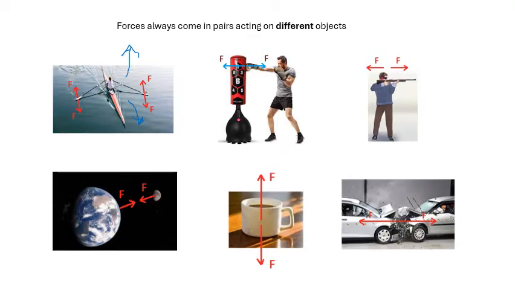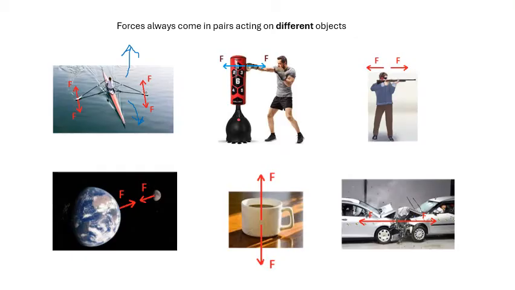So two different objects, equal and opposite forces. Forces always come in pairs. Somebody firing a rifle, there's a force acting on the bullet, pushing it forward, and then there is a force acting on the person's shoulder, pushing them back, and this is why we get a recoil.